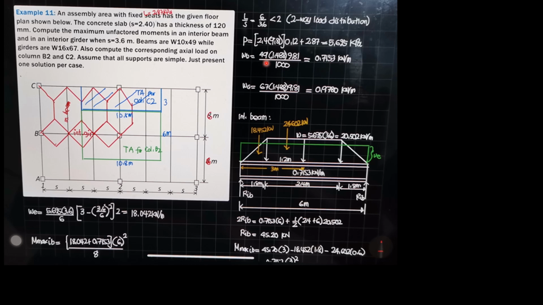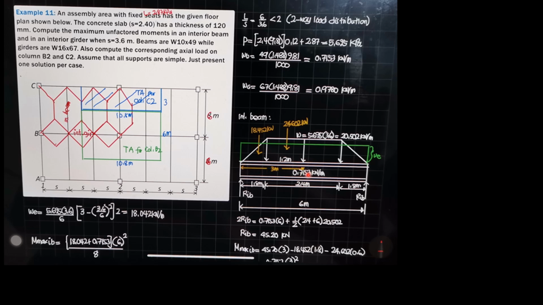While the weight of the girder is 67 times factor 1.488 to convert it to kilogram per meter times 9.81 newtons per kilogram divided by 1,000. So 0.9780 kilonewtons per meter. So this is now the loading system for this interior beam here. So it is trapezoidal.